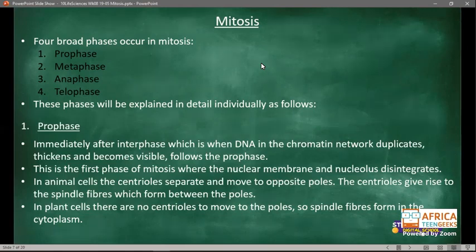And we said the interphase is when DNA in the chromatin network duplicates, thickens, and becomes visible. Then we get the prophase.